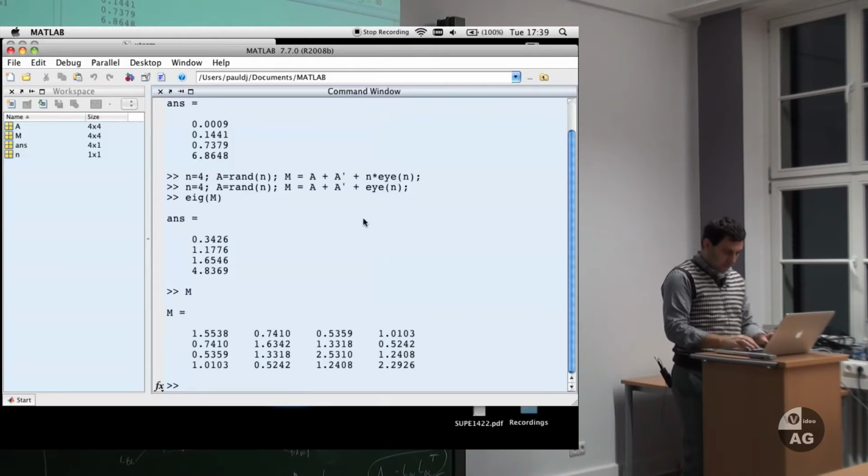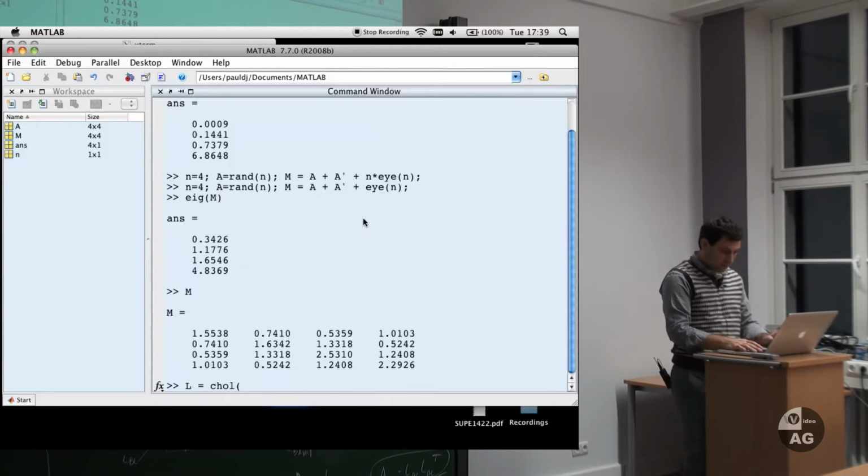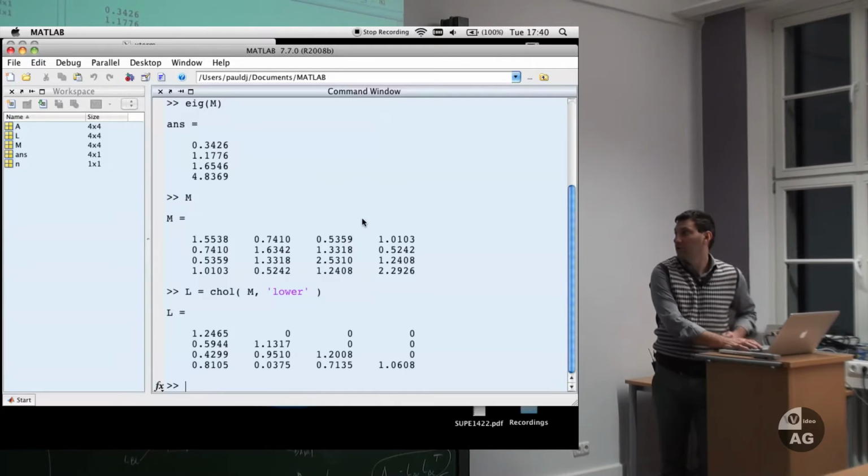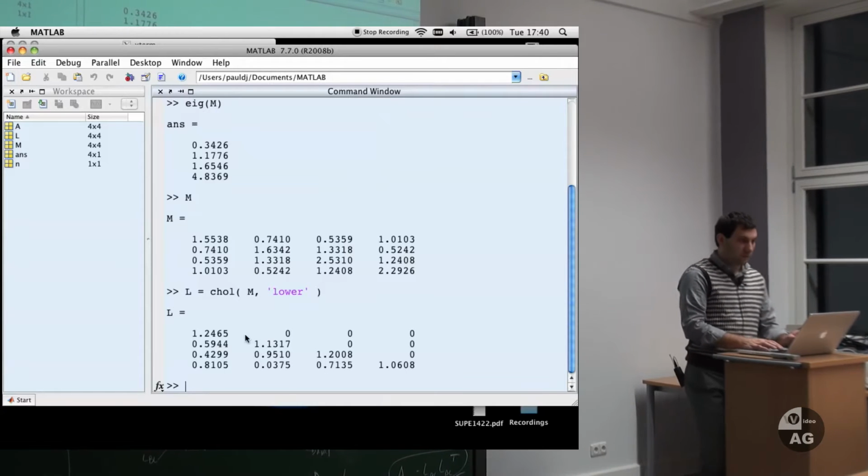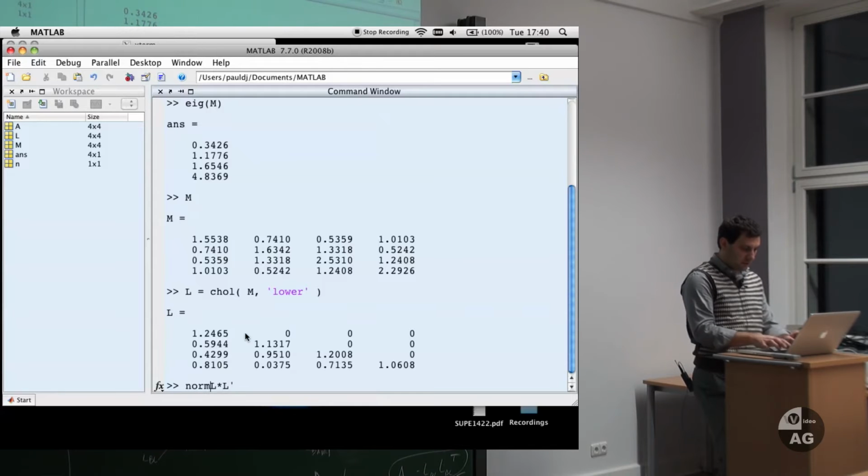What I will do, I will compute Cholesky with MATLAB Cholesky. Okay, so this is what MATLAB gives me. Let's see if it's true that this is a Cholesky factorization.